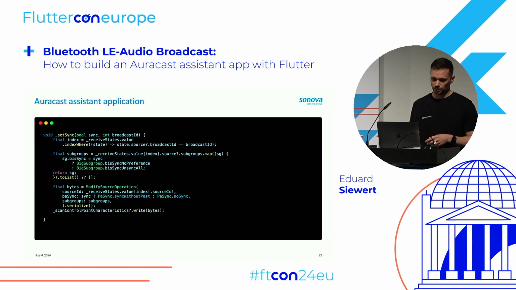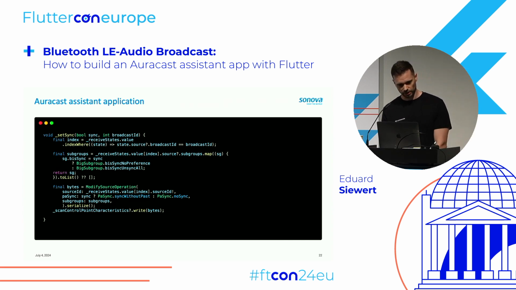So whenever the user selects or deselects a source, we just create this modify source operation. Then, depending on if we want to sync or unsync the broadcast, we just set the BIS sync and the PA sync field here accordingly, serialize the whole thing, and then just write it to the characteristic. And that's basically it. So in the end, it's pretty simple since the receiver is doing the scan for us.